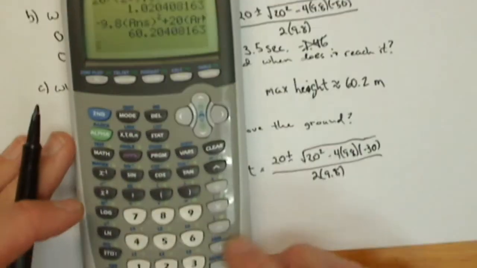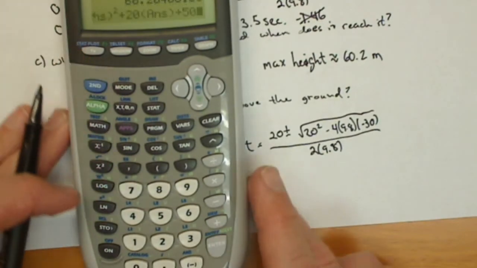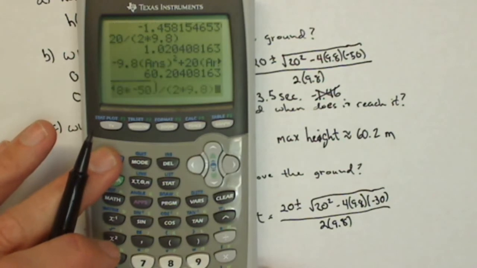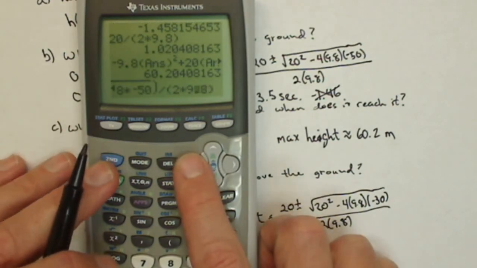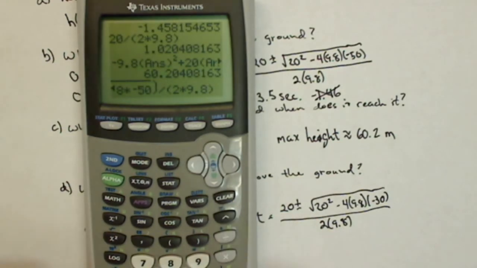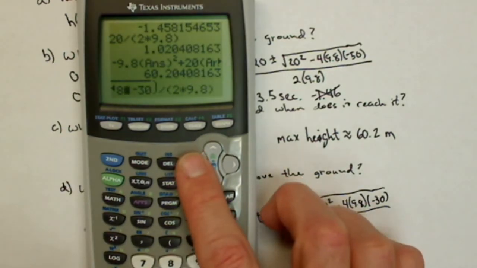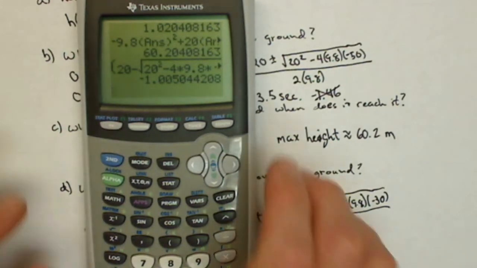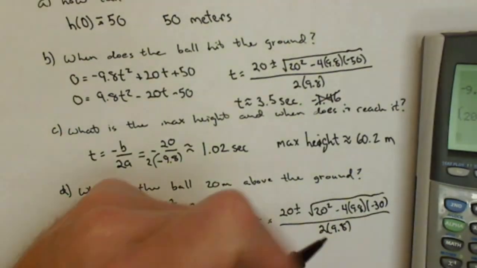If I do second entry, it brings up some of my old answers. So I do second entry a few times, and there's back to my quadratic formula. Biggest thing is this has to get changed to a negative 30. And notice this is my answer for minus. So I do get a negative value for t.